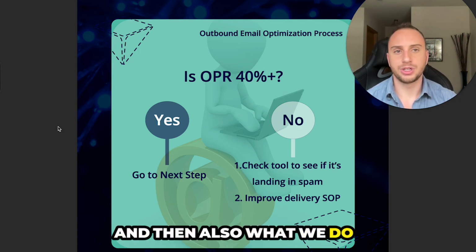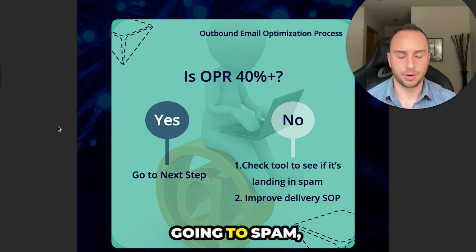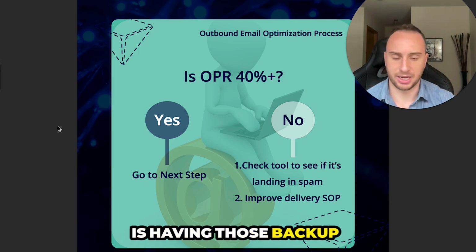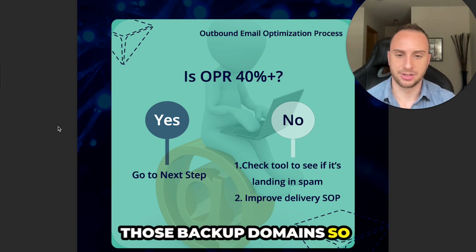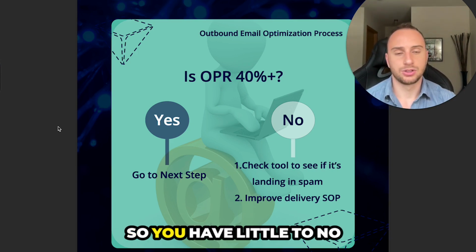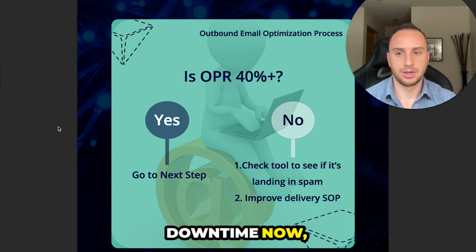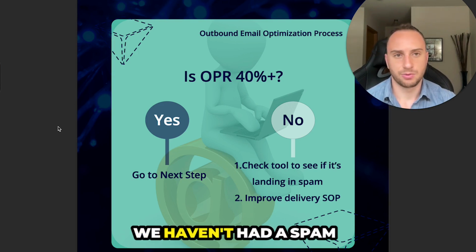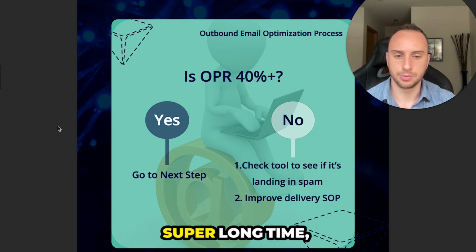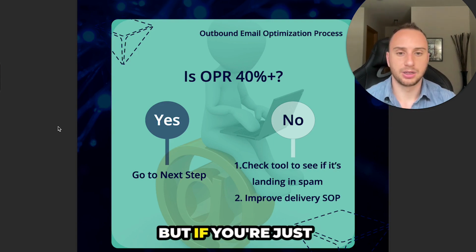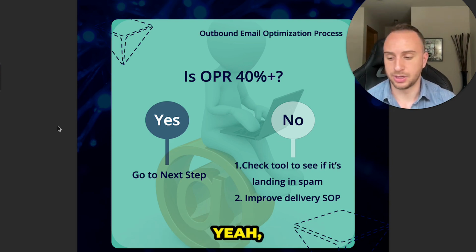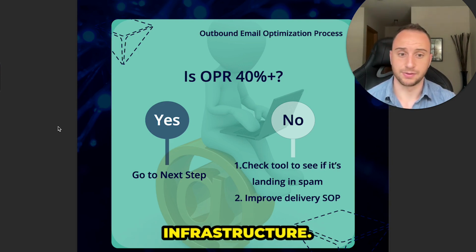And then to prevent going to spam, and as backups in case something does happen, have backup emails and backup domains so you can swap out if need be and have little to no downtime. Because our infrastructure is correct and our messaging is relevant, we haven't had a spam issue in a super long time. But if you're just starting off, you might have an issue with that. Just make sure you're following the correct infrastructure.